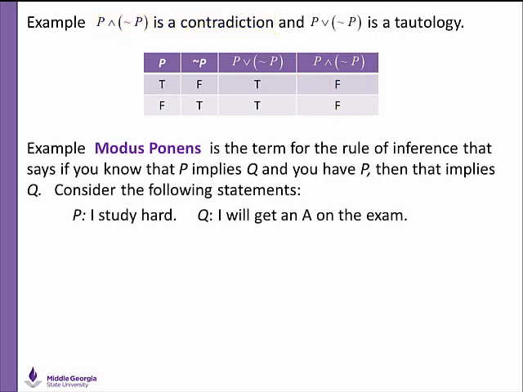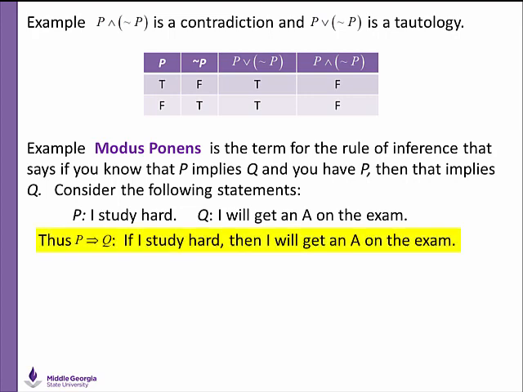Example. Modus ponens is the term for a rule of inference that says if you know that P implies Q and you have P, then that implies Q. Consider the following statements. P, I study hard. Q, I will get an A on the exam.